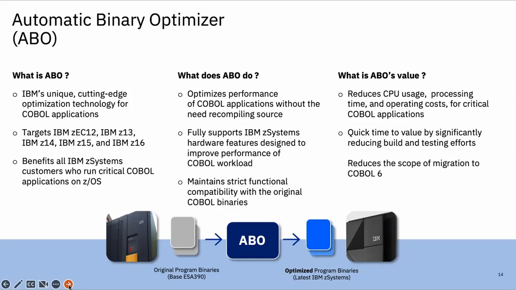So it maintains very strict compatibility with the original binary. So all these migration headaches that you have with invalid data, ABO doesn't care. It will just optimize the code for you. That's why it will give you a good CPU reduction and improved performance, which also reduces the processing time for your critical applications.